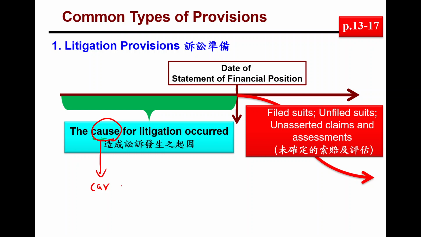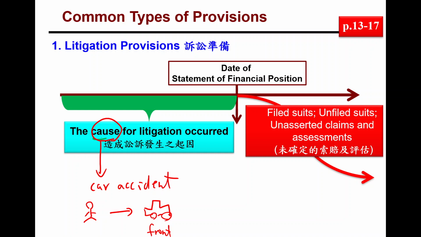So if the cause is a car accident that happened already, especially where you hit the front car, for example. So you have a car accident on the road already happened.